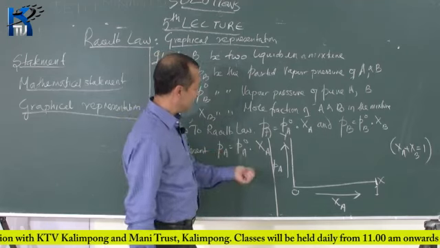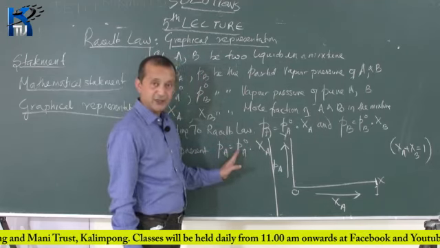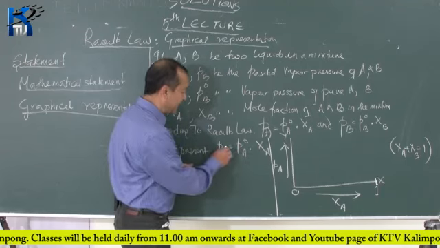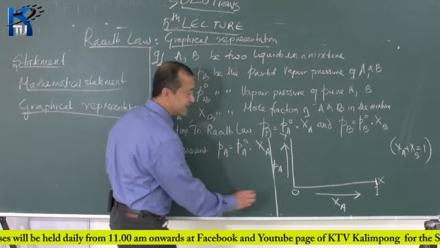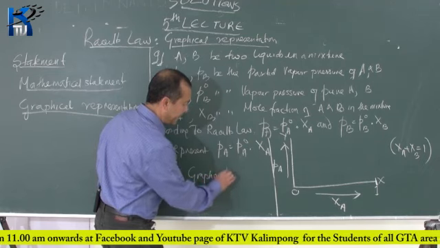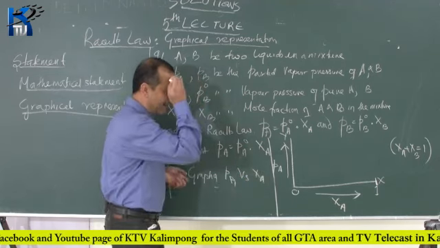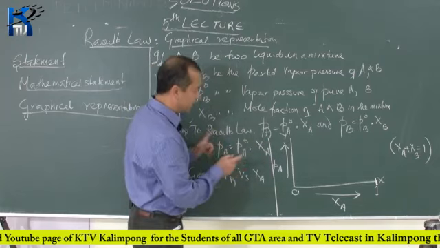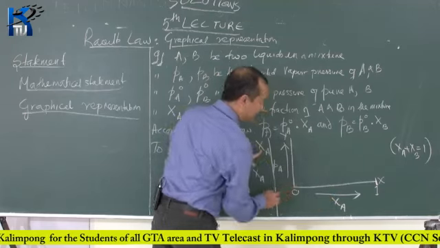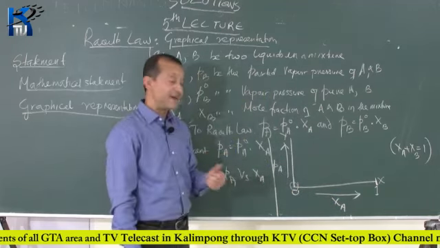Now see, PA is equal to PA naught into XA. When we are plotting, PA naught is a constant. We are plotting a graph of PA versus XA. How do you do that? Supposing when XA is equal to 0, then PA will also be equal to 0. Why?